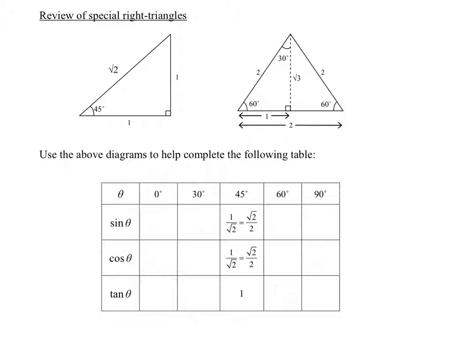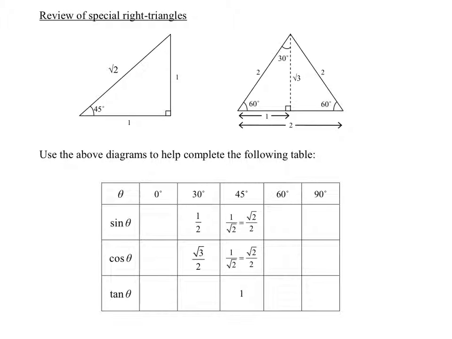Now, looking at this 30 degrees column here, if we want the sine of 30 degrees, this is your opposite. This side here is opposite, this is your hypotenuse. So the sine of 30 degrees is 1 divided by 2. And we have that right here. The cosine of 30 degrees is going to be the adjacent over the hypotenuse, and that's going to be root 3 over 2.